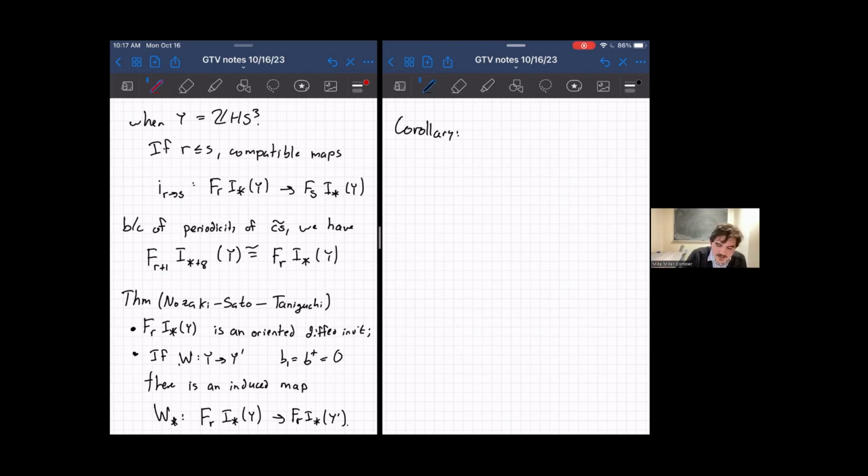But their upshot is that if I take, for instance, 2 copies of the Poincare sphere together with 1 copy of minus sigma 2, 3, 11, this bounds no definite four manifold.